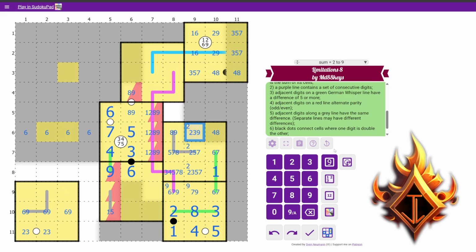Oh my gosh, am I getting something? That is now 9. That is now 7. That is now 6. That is now 7. That is now 9. Now since 9 is on this pink, it must go right here. That is 9. That is 8. This is now 1, 2, 8.